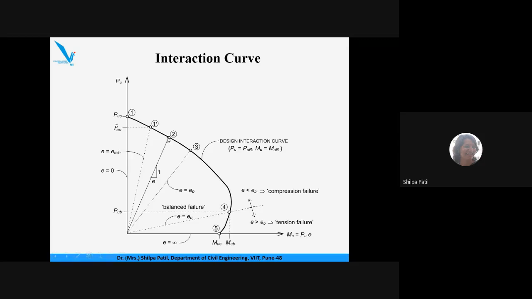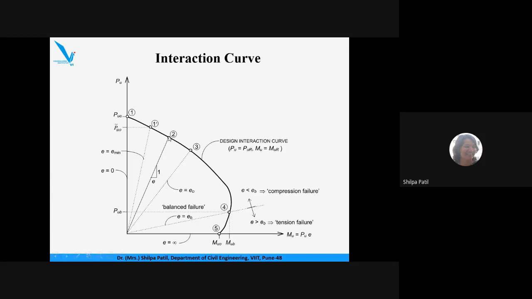Then the next point is 2. Point 2 represents a general case in which the neutral axis lies outside the section. But before that, we'll see the next point, point number 3. Point number 3 represents the case where our xu is along the edge of the column, that is, when xu is equal to d.